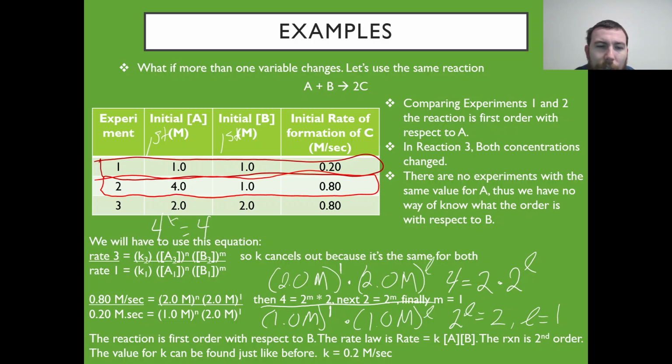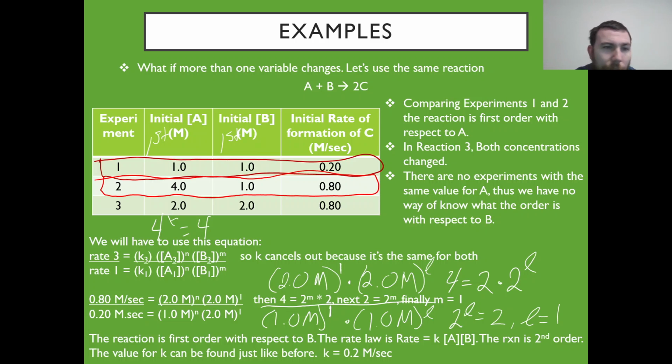Now, since this reaction is first order with respect to B, that means the rate law is K times the concentration of A times the concentration of B. Now the reaction is overall second order. And so then we can go through and solve for the value of K just like we did before.